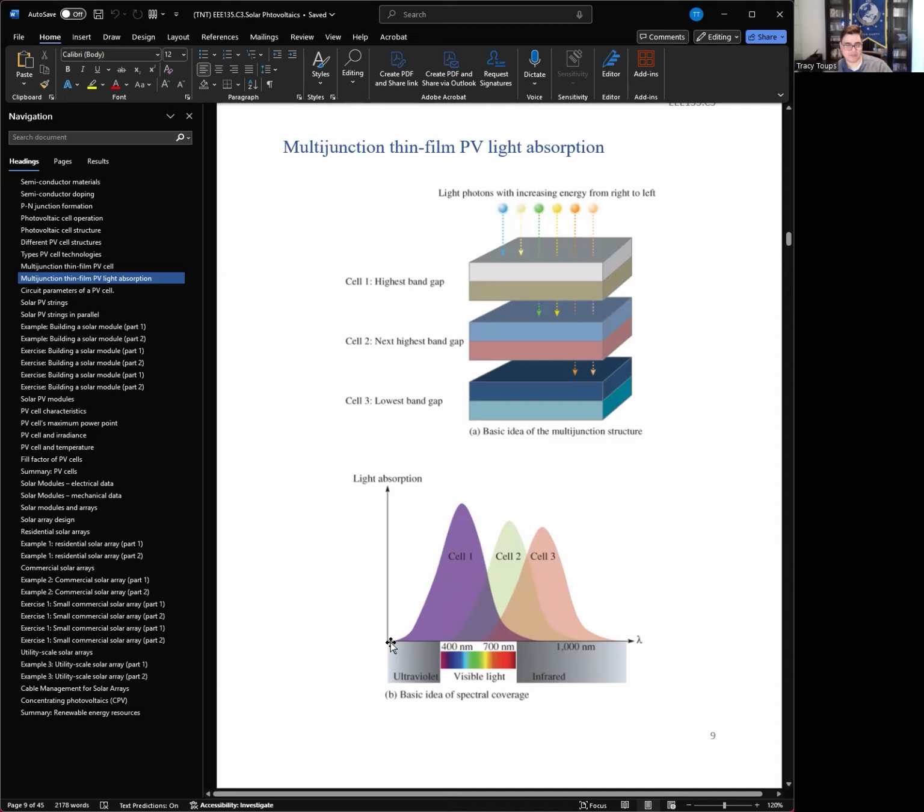So the very tiny, fast frequency wave sunlight is going to get absorbed by the first cell. The bigger ones will then penetrate through and go to the next cell. And cell 2, you can see, captures that middle bandwidth. And the last cell will capture the larger ones. So in definition, here you're just getting more sunlight absorbed than just one layer.